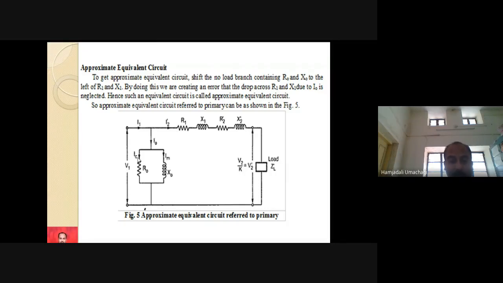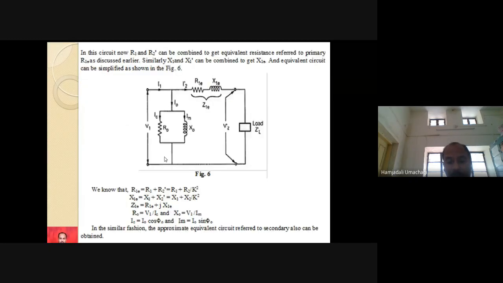Already you have calculated Ic, which is I naught cos phi naught, and Im is I naught sin phi naught. So once you know V1, Ic and Im, then calculate R naught. R naught is equal to V1 by Ic. X naught is equal to V1 by Im. That is what we are going to see here. So R naught is equal to V naught by Ic, and X naught is equal to V naught by Im. Is it clear, all of you?